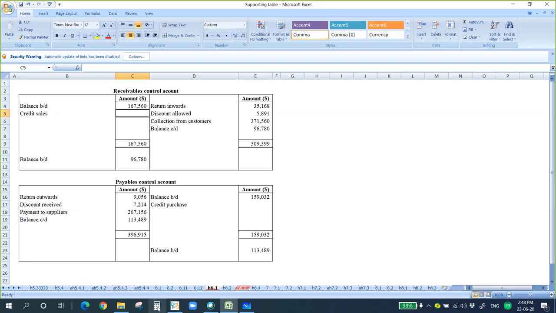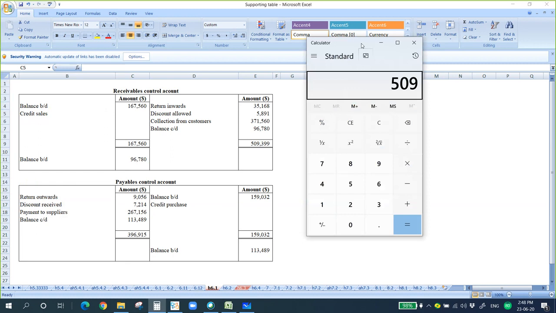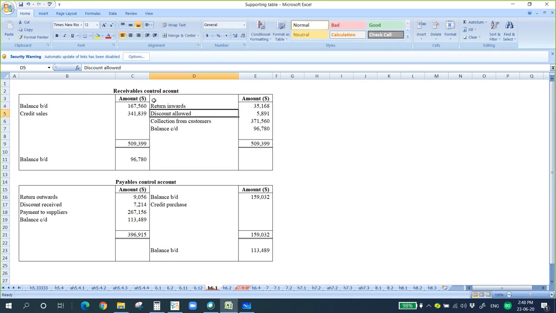So the correct way is use your calculator. 509,399 minus 167,560. So you get 341,389. Ta-da! Then you can balance. Alright, don't link here. You cannot get the answer one. I also think that using Excel for your final exam is a good experience for you to understand Excel.